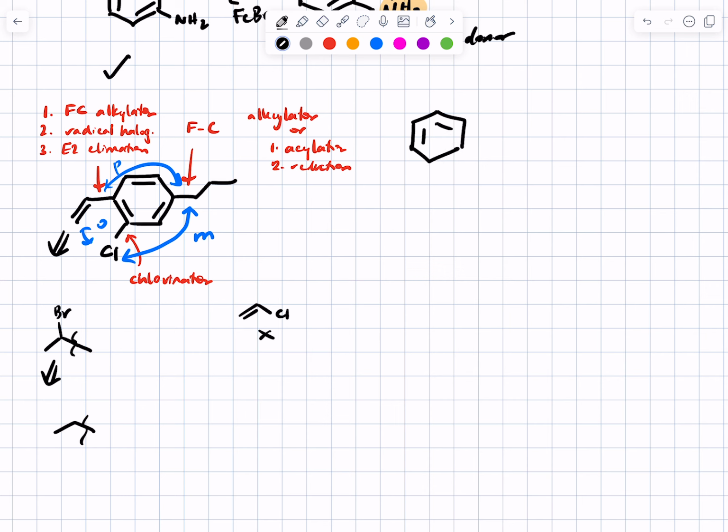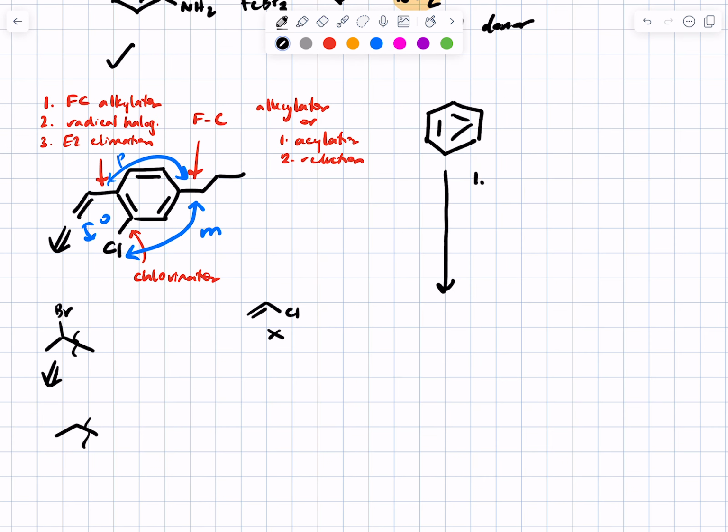So here's my brief solution, and I'm not going to have time to draw intermediates, but I want you to work this out and see whether there are other options. I would do Friedel-Crafts acylation first, then I would do chlorination to put the chloro meta to our alkyl group.